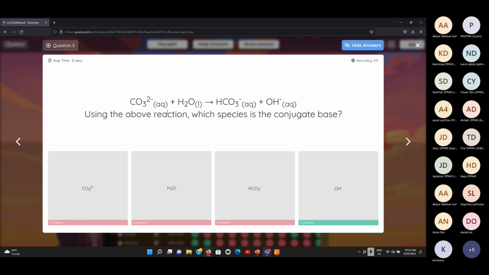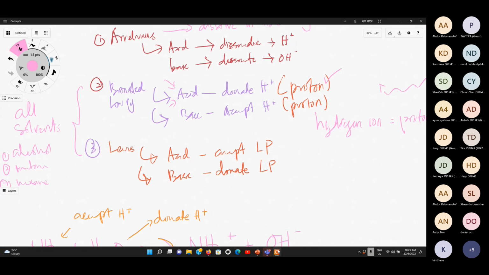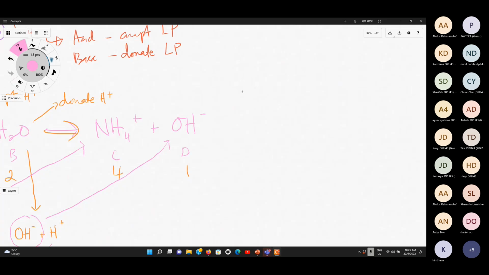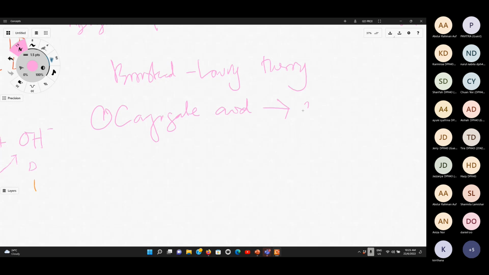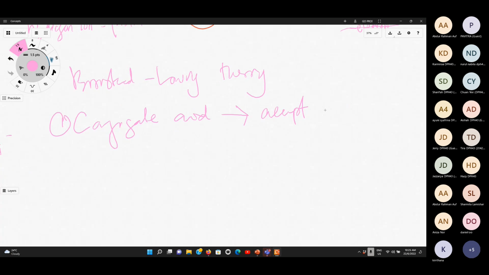Okay, so in Bronsted and Lowry theory, conjugate acid is something that menerima, accepted H+.